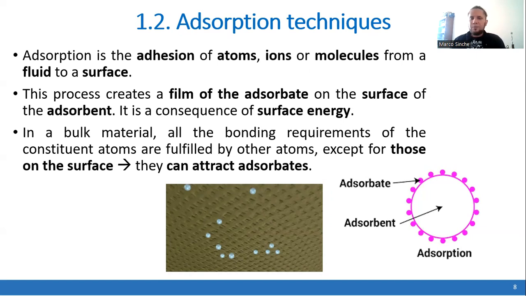So a film of the adsorbate is formed on the surface of the adsorbent due to the surface energy. It means that the atoms or molecules of the adsorbent that are on the surface have some availability of bonding requirements since they are not completely surrounded by the other atoms of the material. So they can bond to the adsorbate for this phenomenon to be observed.